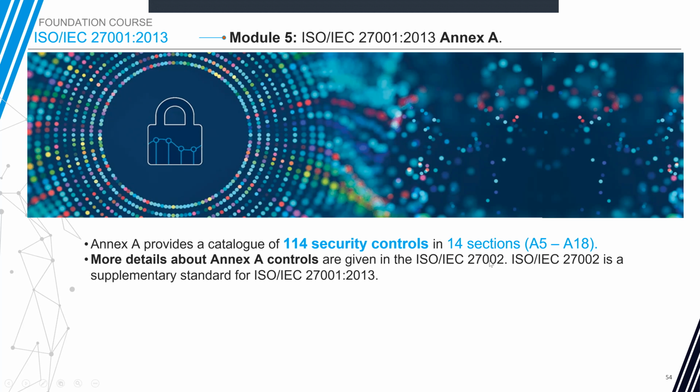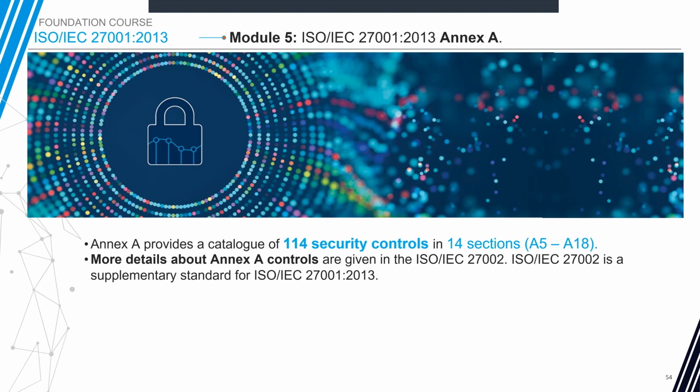ISO 27002 and 27003, gentlemen, these are more explanation. 27002 is a more detailed explanation for the Annex A controls. In 27001, you will find what these controls are, but the description will be just a summary. It may not be clear for some persons, and we want more details to understand how to implement.